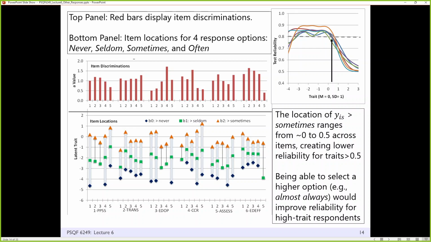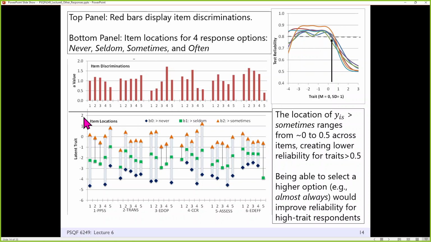One more time, please. Sure. So this is from real data, a project that I did helping someone evaluate a new scale. And this is part of the report that I gave them. The top panel, the red bars, are differences across items in their discrimination, where higher means the item is more related to the trait at its B locations.